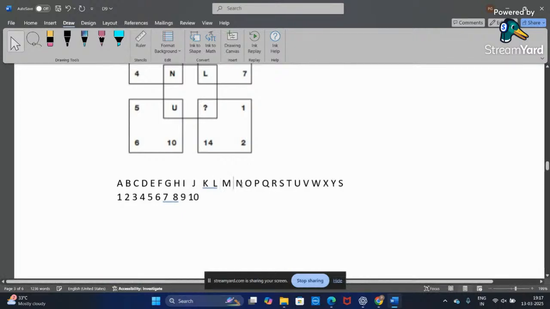Based on this, we are going to solve. So I am writing the alphabets. We have to think in every possible way. Then only we can answer these type of questions.